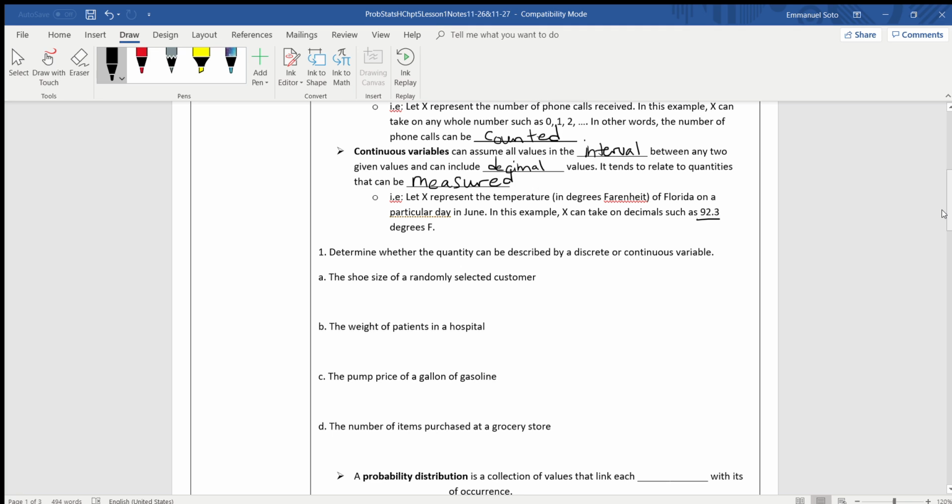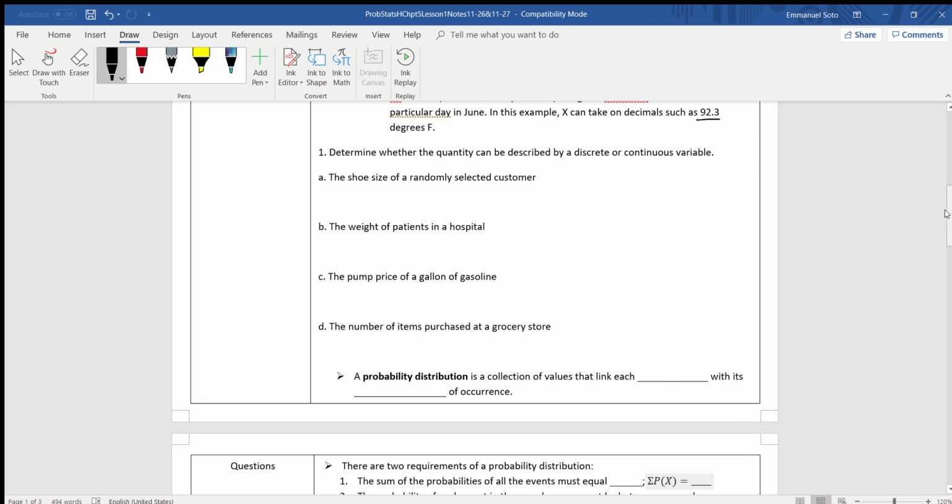Number 1 is asking you whether the quantity is discrete or continuous. The shoe size of a randomly selected customer. Shoe size tends to be discrete values. You can have 1, or you can have 1.5, you can have 2, you can have 3, 3.5.